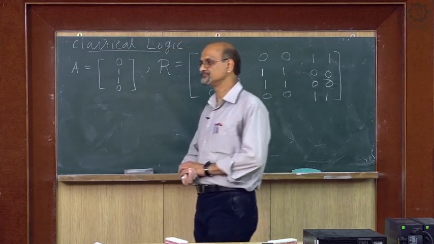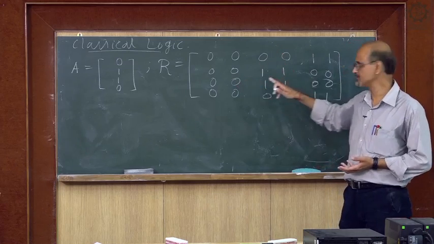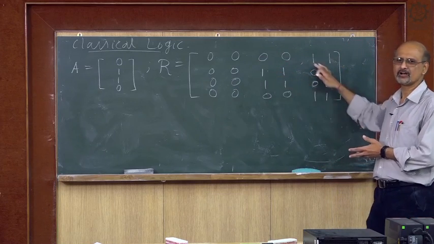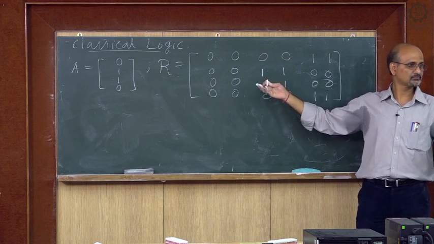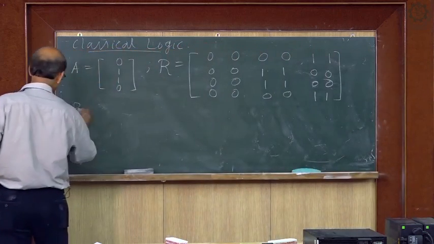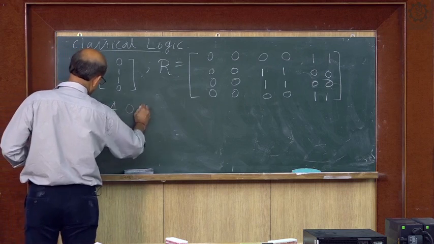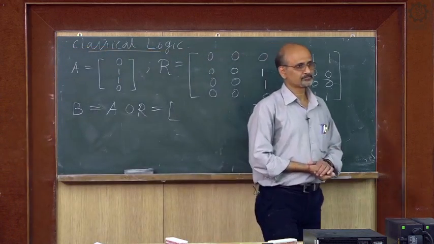This is your R that we have done. B was given. So, here you see classical, that means all entries are 0 and 1, no partial truth, either true or false. So, now we can find B is equal to A composition R and see what you are getting.